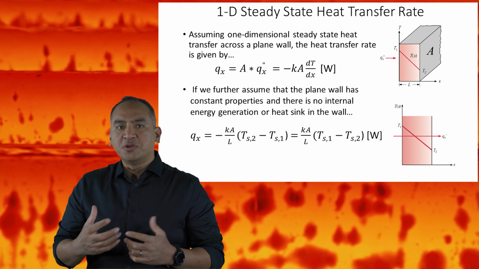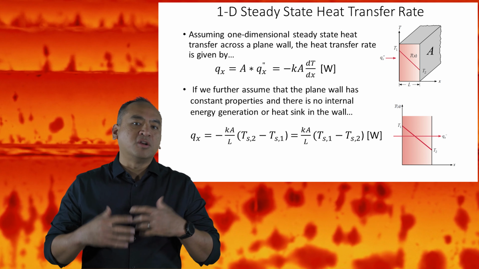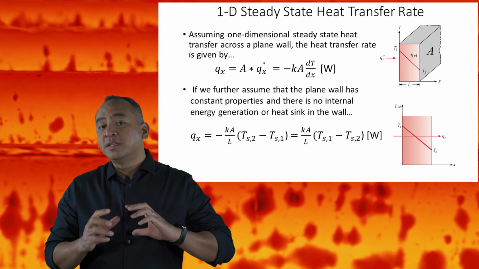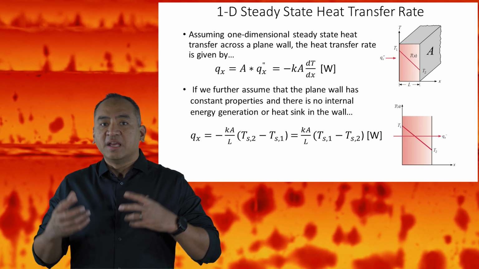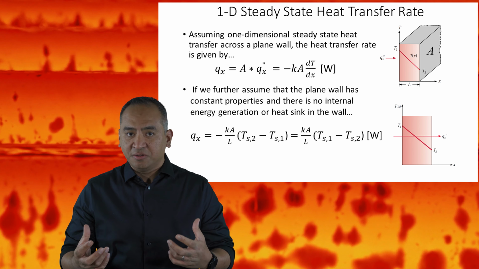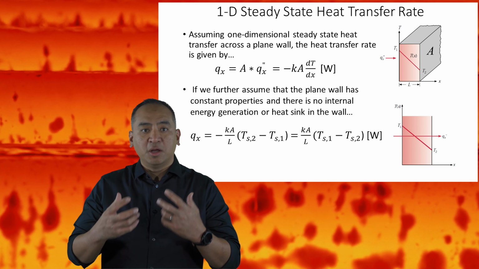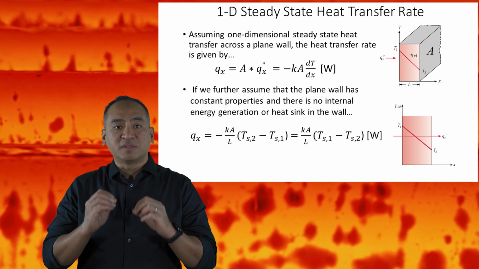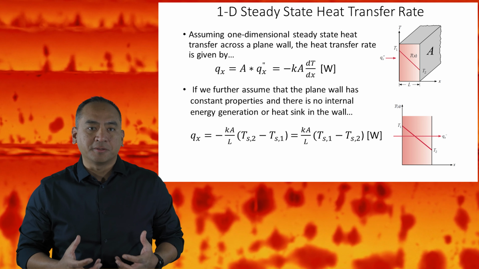If we further assume that the plane wall has constant properties throughout and there are no sources of internal energy generation or heat sinks, then the derivative of T with respect to x simplifies to the temperature difference T sub S2 minus T sub S1 divided by the thickness of the plane wall, which is L. This is a very useful form of Fourier's law when it comes to composite structures.